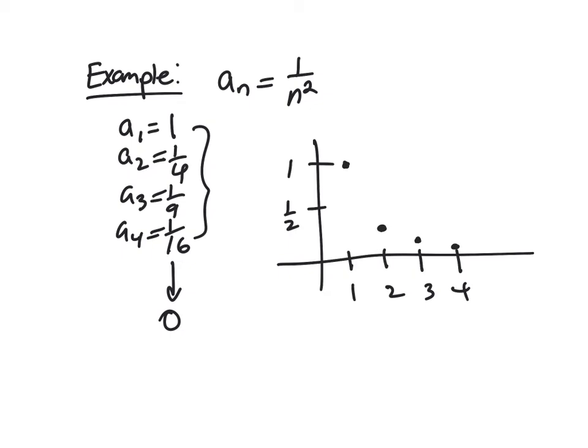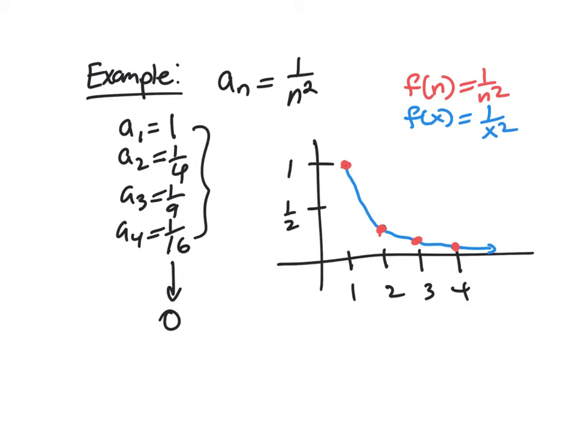The difference here is that if you viewed this as a function, f of n is 1 over n squared, and then f of x is 1 over x squared is kind of if you filled in all of the gaps here and kept going. But for us, our sequence, we're really just looking at the integer points.